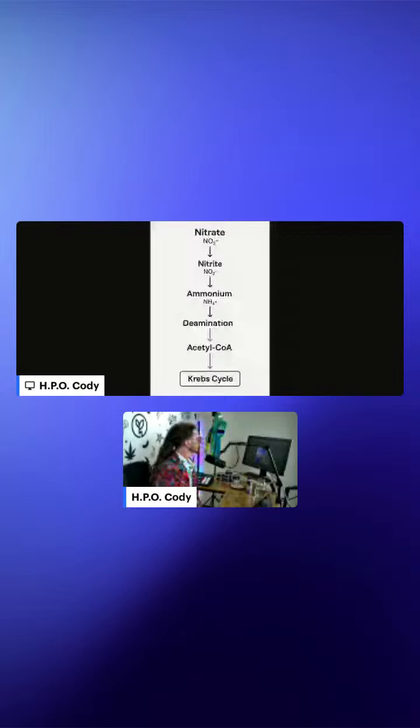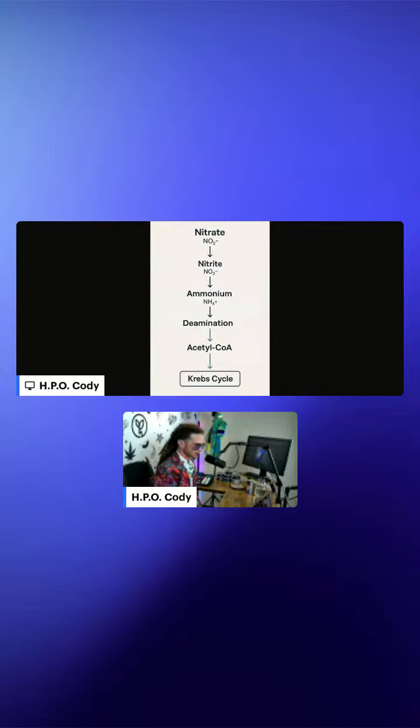All right. So now see if I use that diagram correctly. Where are you? That one. Right. So for the plant to effectively utilize it in the Krebs cycle, it has to take the nitrate, convert that down to nitrite, convert that to ammonium, then deaminate that into stuff that can be used in the acetyl-CoA cycle.